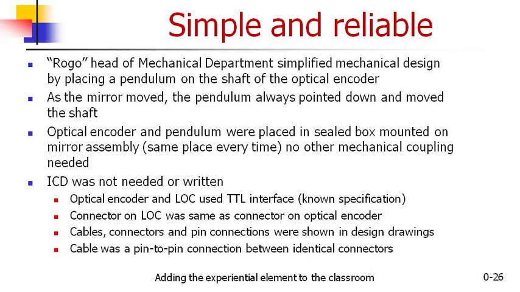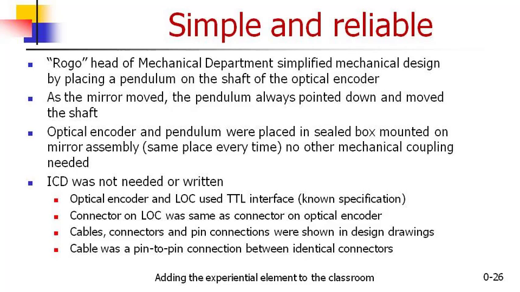Once we had the spec of the optical encoder, we knew which bit was on which pin, and so the printed circuit board layout for the local controller board was designed in such a way that the connector on the board matched pin for pin. No ICD was needed.